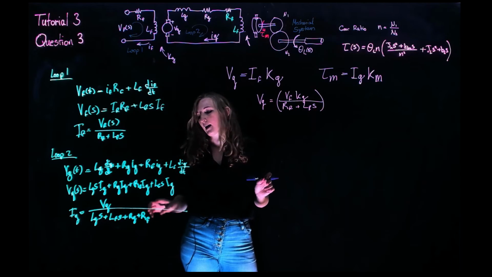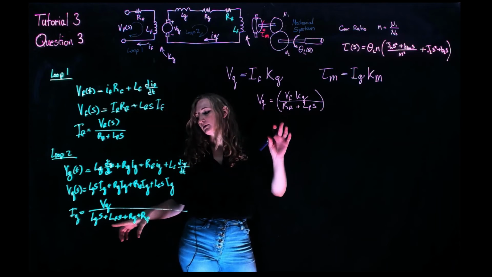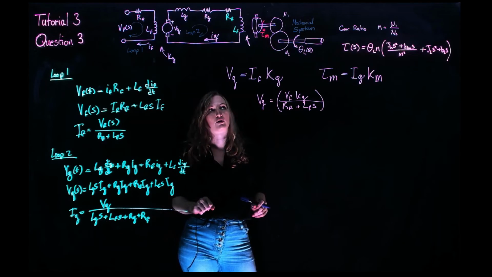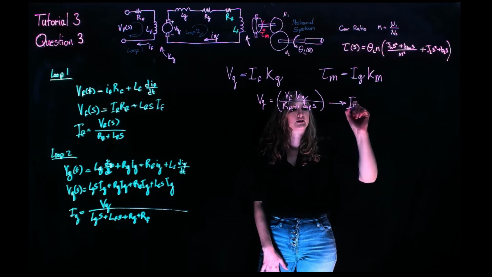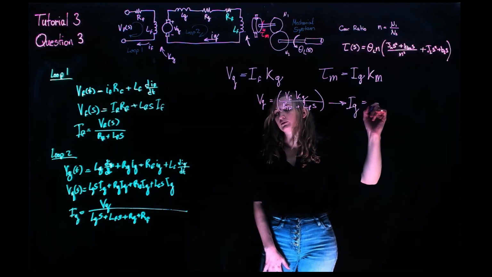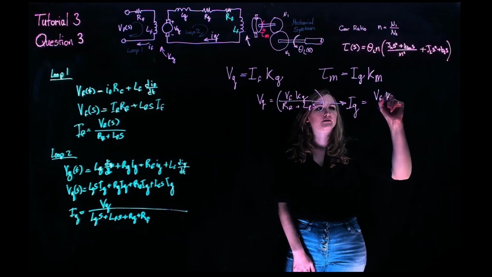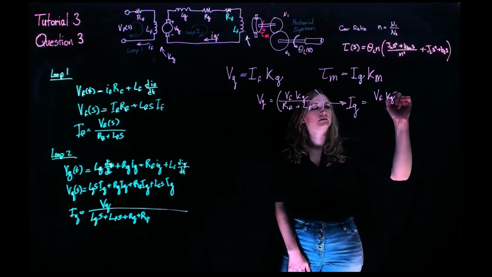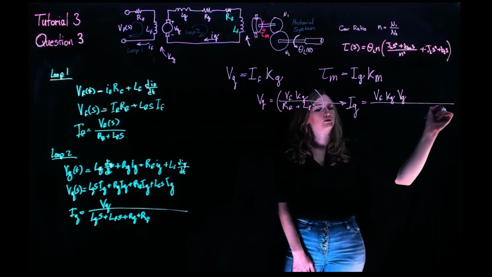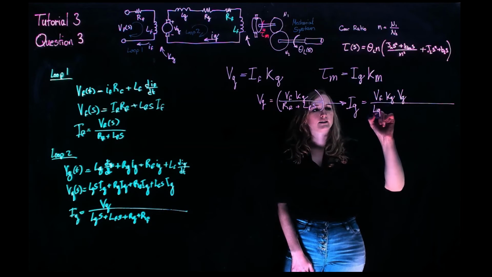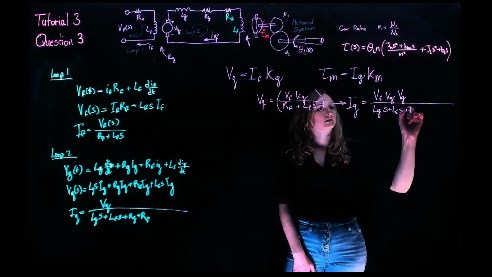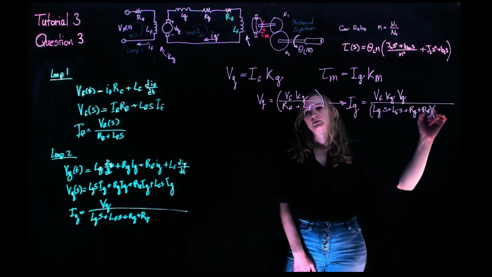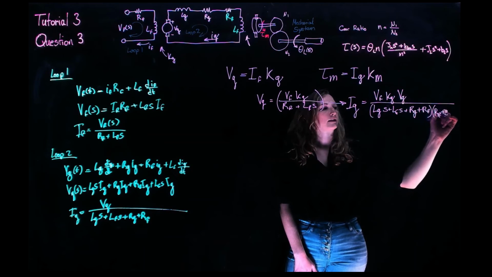Okay, and the next step is we want to plug this into our equation here for the current in our second loop. We get Ig equal to Vf Kg over Lg s plus Lf s plus Rg plus Rf times Rf plus Lf s.